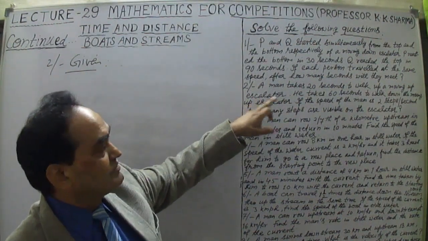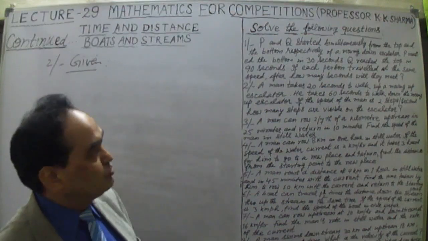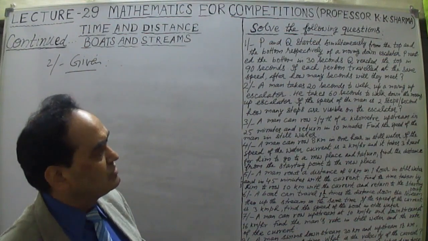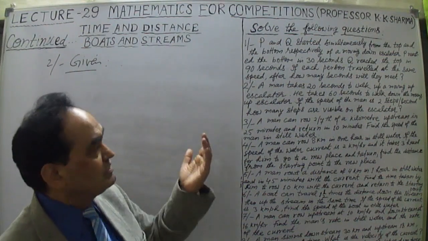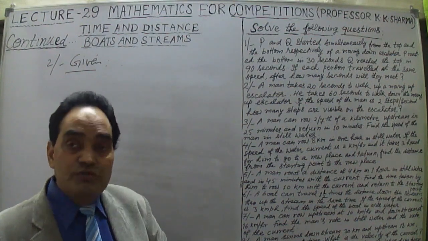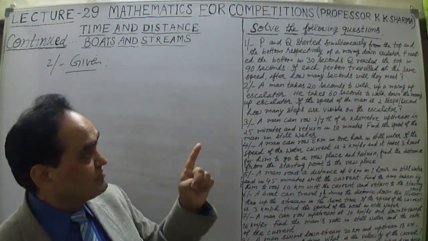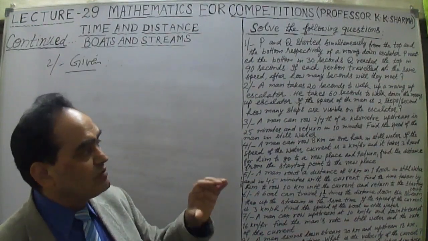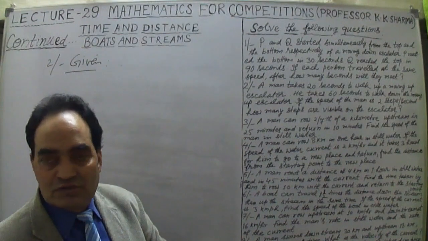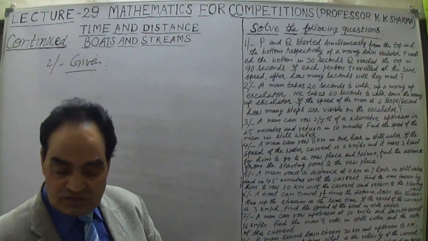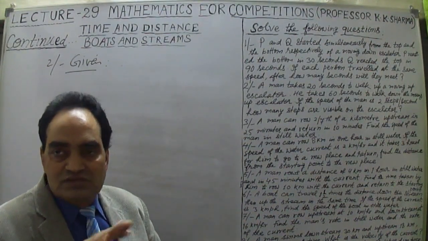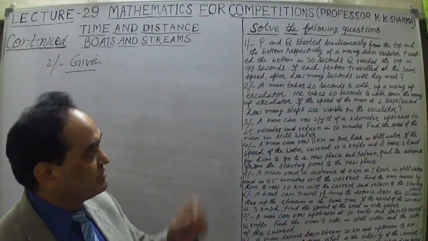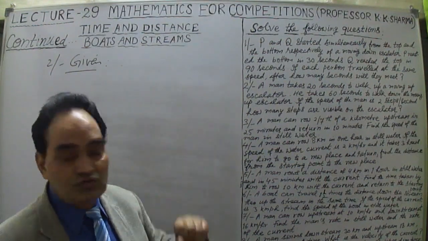Now the escalator is moving up, not downwards. Moving up means he is going along with it. His speed will be added with the speed of the escalator when he is going up, and that's why he takes 20 seconds only.